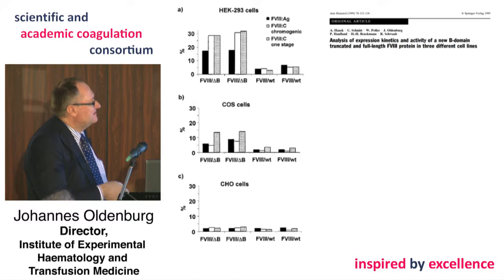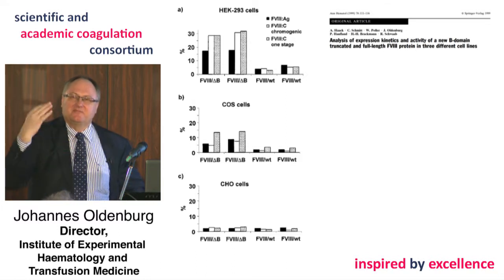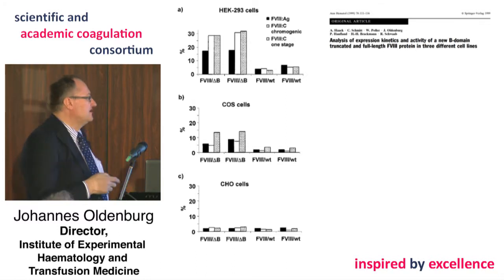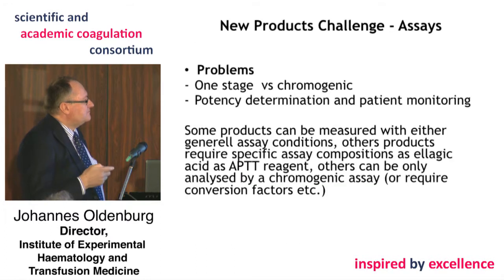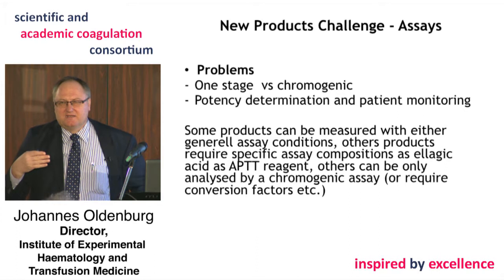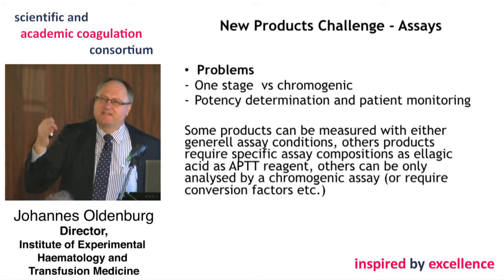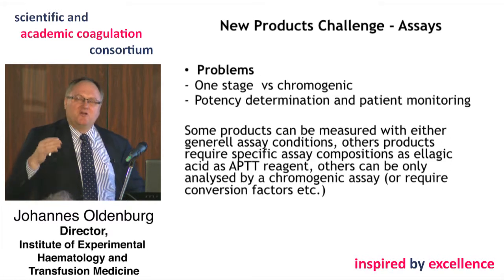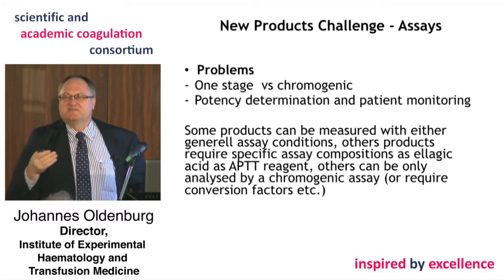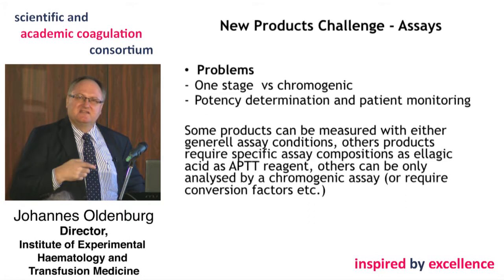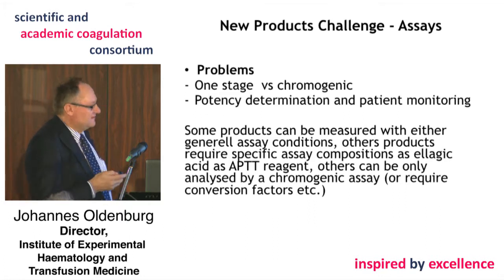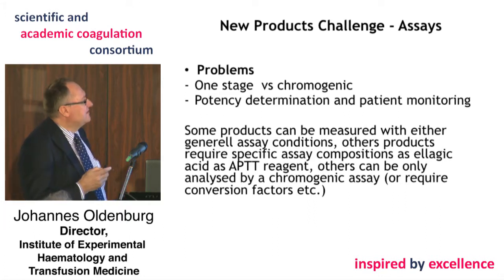In COS cells, the one-stage assay was much higher than the chromogenic assay. So this maybe is a result of specific intracellular enzymes involved in the trafficking of the factor VIII molecule, or more likely a cell-specific glycosylation pattern that influences factor VIII activity measurement.